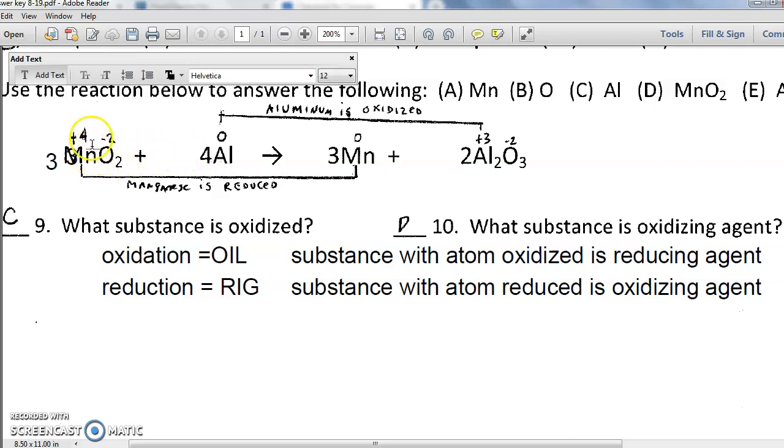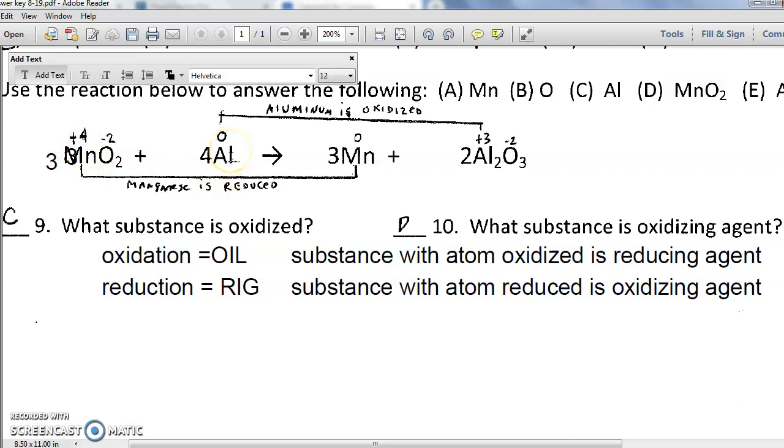Well, each of these manganeses starts out as +4. We have 3 of them. 3 manganeses at +4 mean that they would need a total of 12 electrons to end up neutral. Well, they got them. Each aluminum gave up 3. 3 times 4 is 12. Where did the manganese get its electrons from? Where did the 3 manganeses, each getting 4, get those 12 electrons?